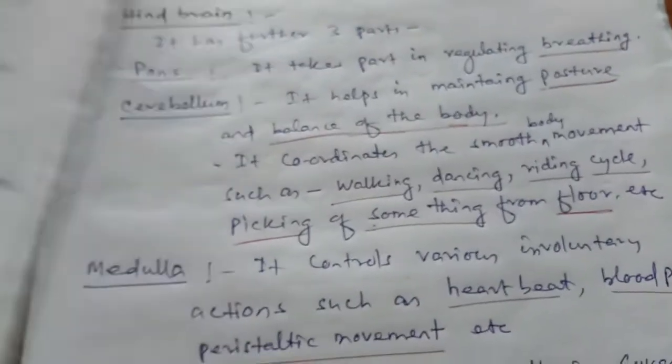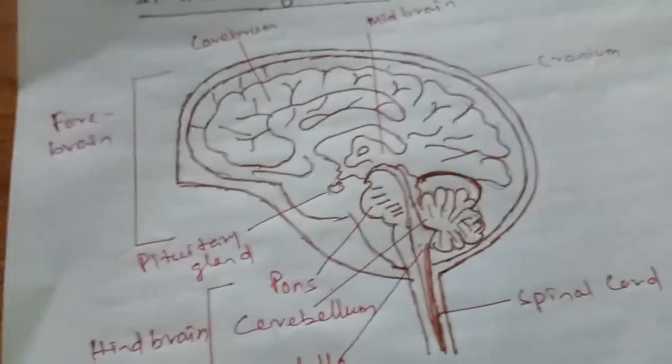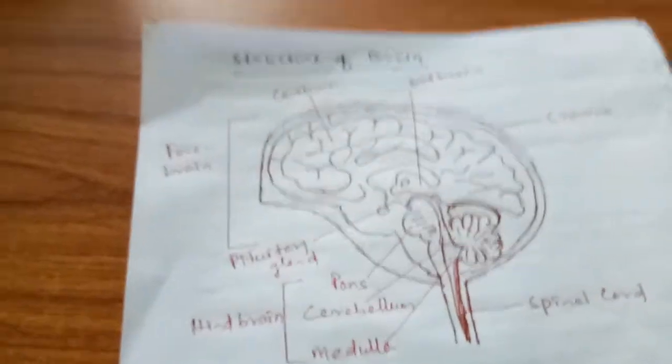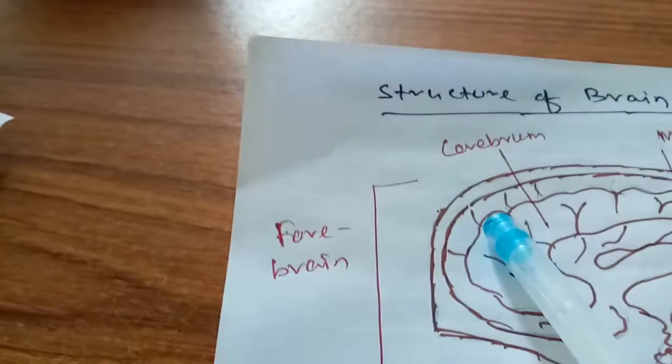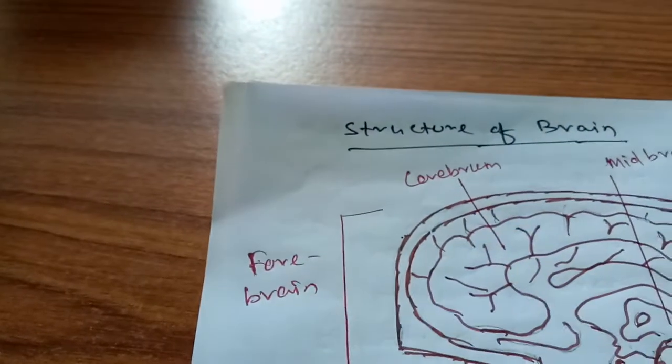Now students, let us understand the structure of the brain. A very important part of the body, that is the brain. Look at the structure. It has mainly three parts. One is the forebrain. The forebrain has a main part, that is the cerebrum.